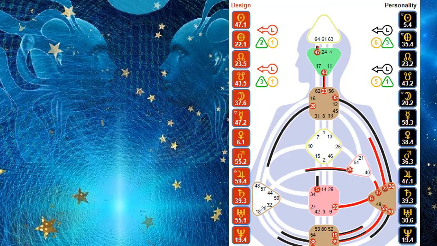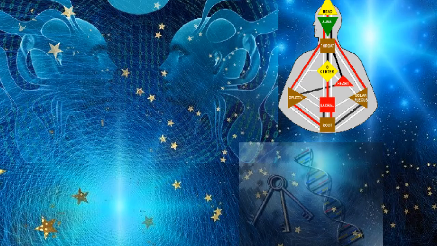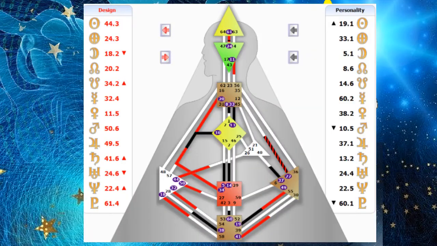Manifesting generators always have a connection, direct or indirect, between one of the motors and the throat center, the center of manifestation. And to remind you, we have 4 motors on the map. There are also classic manifesting generators, which are the only ones who have the channel 34-20 defined in their map.